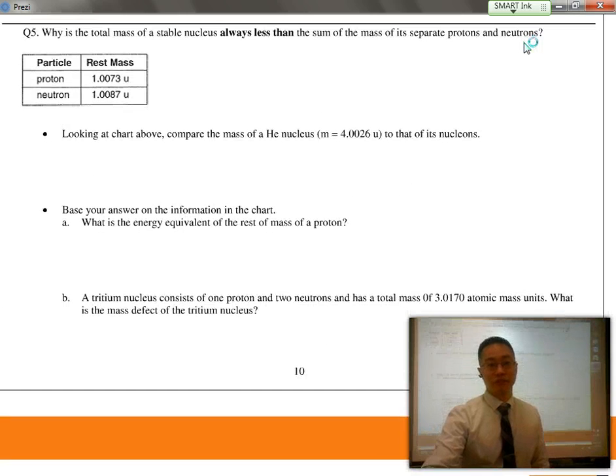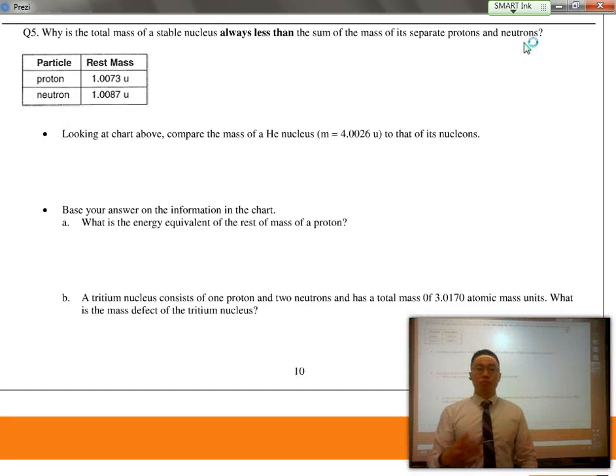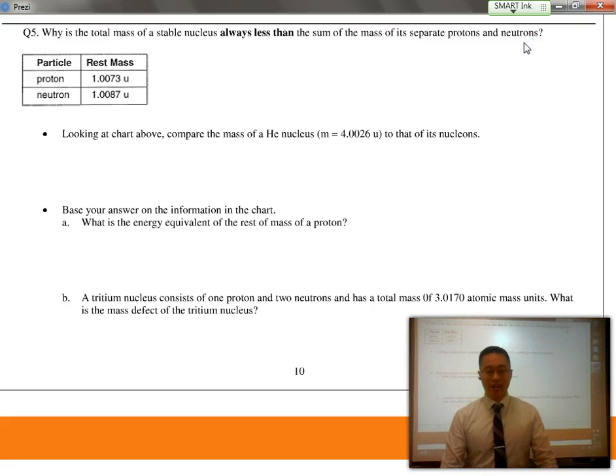Okay. Before we talk about Einstein's famous equation E equals mc squared, let's talk first about something called the mass defect.